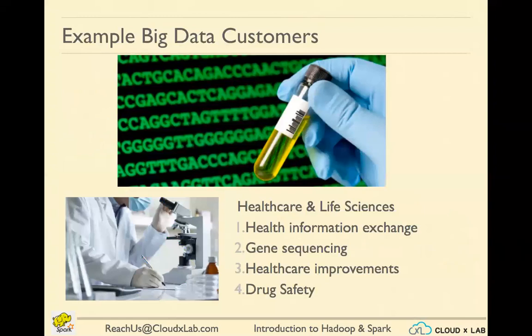The next one is healthcare and life sciences. Everything in healthcare and life sciences is humongous data. When it comes to health information exchange, every person's single visit to the doctor and tests is actually a few gigabytes.